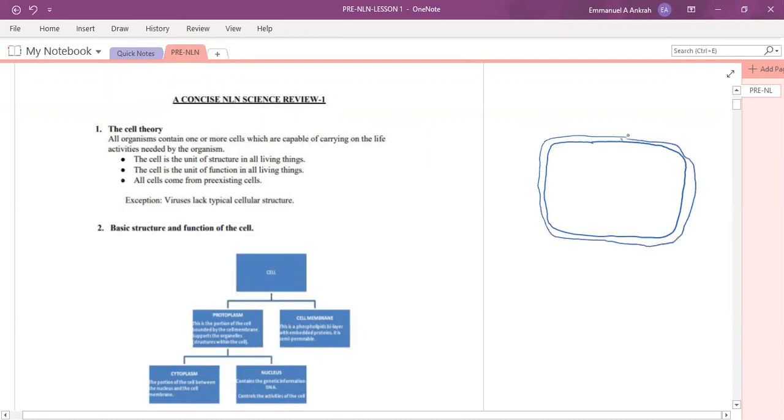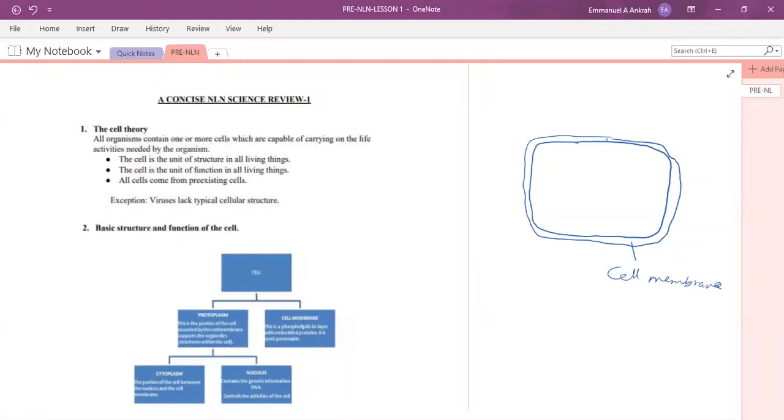So that's the cell membrane. And then over here will be the protoplasm. Everything here is the protoplasm.